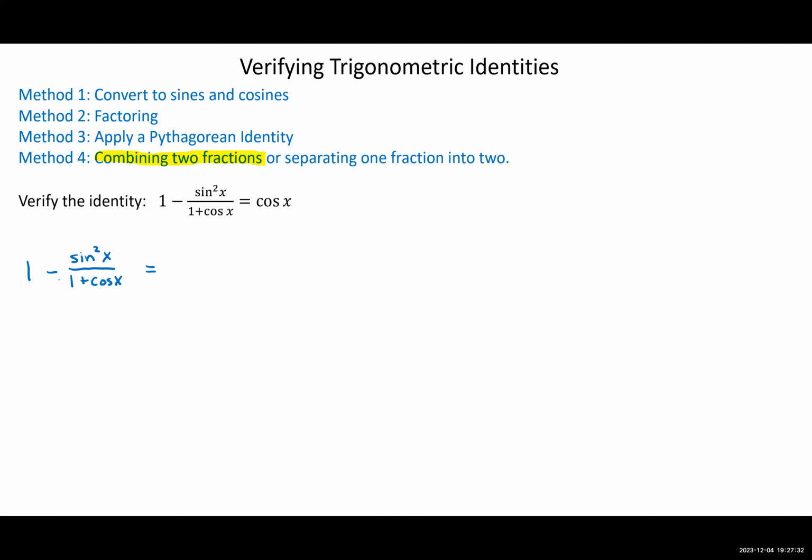So to get a common denominator, we could take that first number 1 right here and write that as, well, let's show all the work, actually.